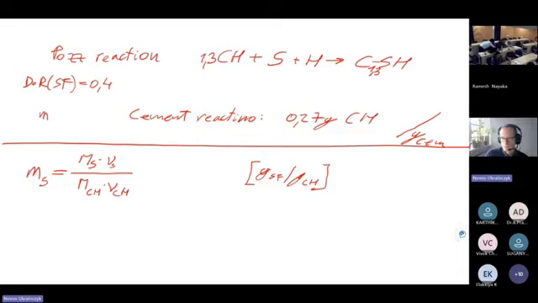So if we multiply here, or we do mass of silica fume, if you want per gram of cement, then we just multiply by the amount of portlandite, by this amount.